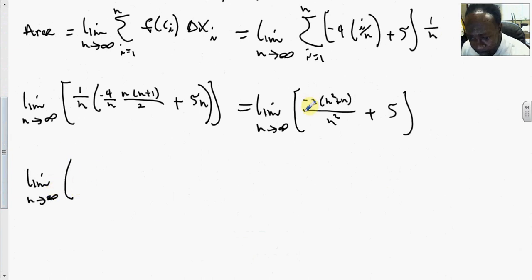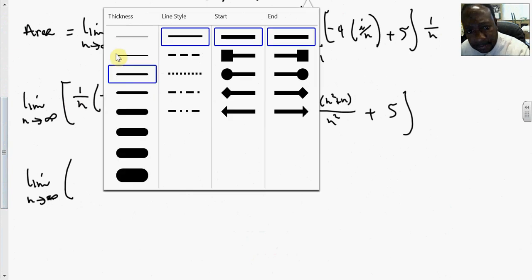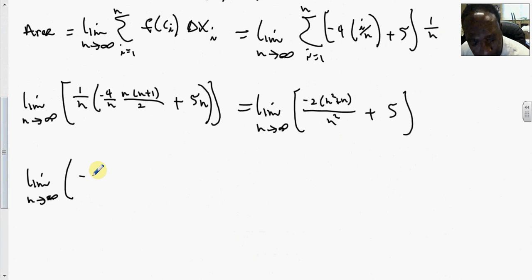And up top we have negative 2. Let me simplify that. So this is negative 2n squared divided by n squared. It's just negative 2.